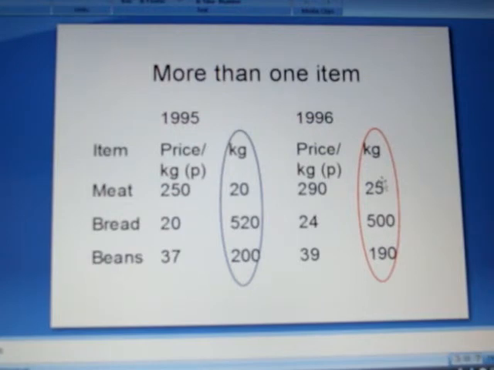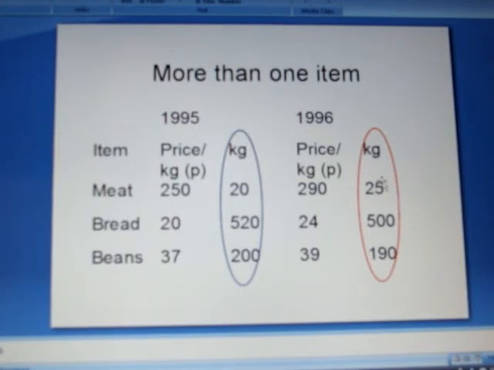What we need to do is weight the items on the basis of the quantities that are purchased. If we do so, it is called weighted aggregate price index. So each item is weighted according to its importance. So weighted aggregate index means total price for the total quantities purchased.